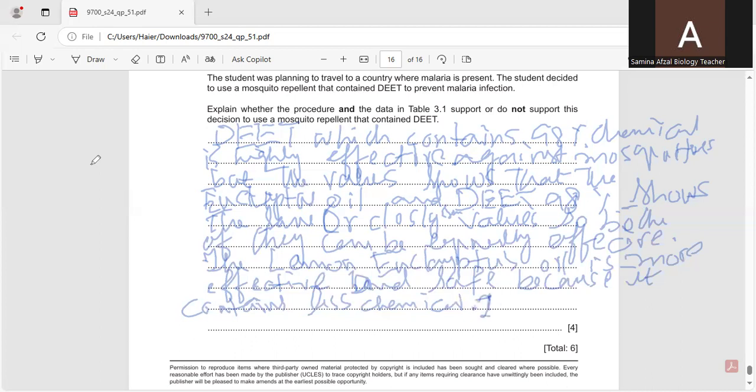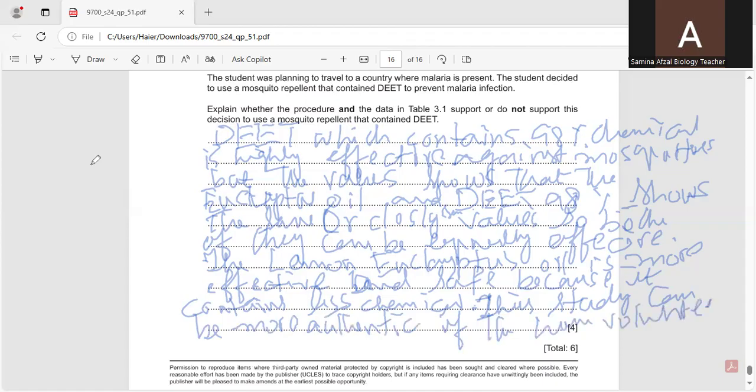This study can be more authentic if the human volunteers are more in number. And the study can be repeated.